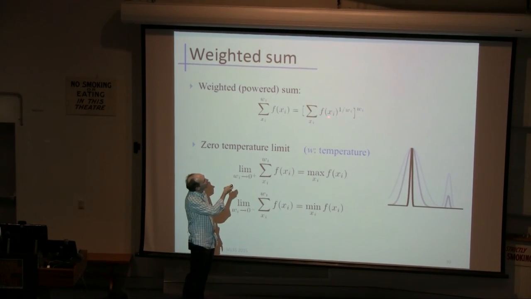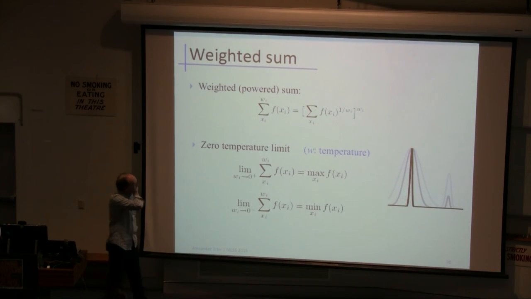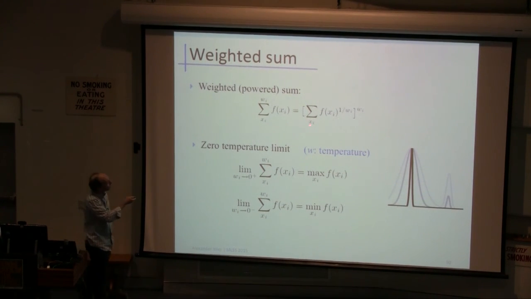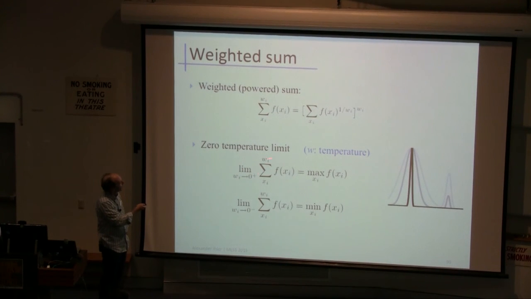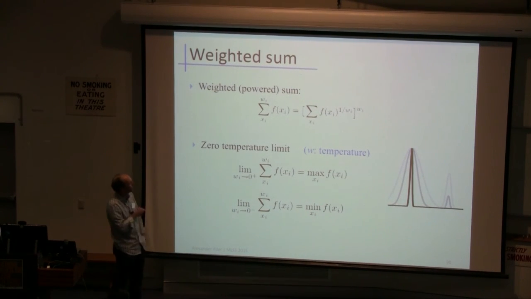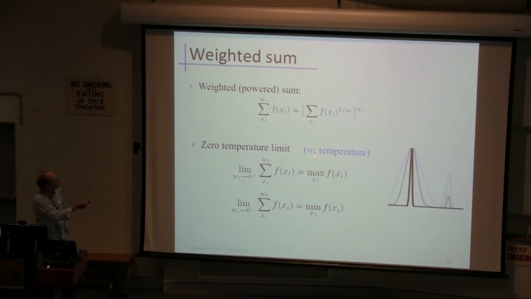It turns out to be the infinity norm of f, right? And so as your weight gets small, this powered sum approaches a maximization operator. And actually, if you have a negative weight and you do the same thing, it approaches a minimization operator. So you can think of this as like a zero temperature sum, basically.